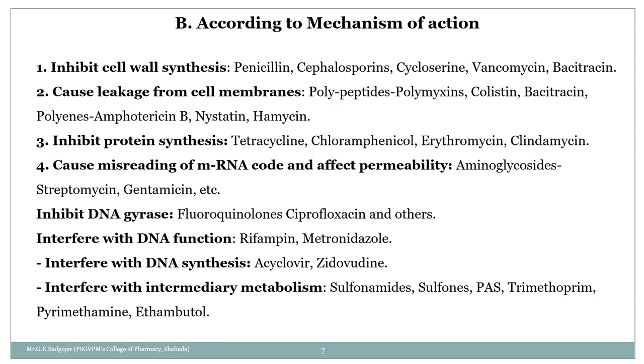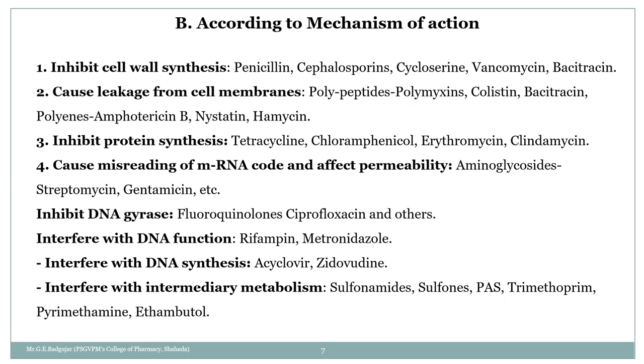Now we can also classify them according to the mechanism or mode of action of the antimicrobial agents, like those drugs which inhibit the cell wall synthesis. Examples: penicillins, cephalosporins, vancomycin, bacitracin, and so on.